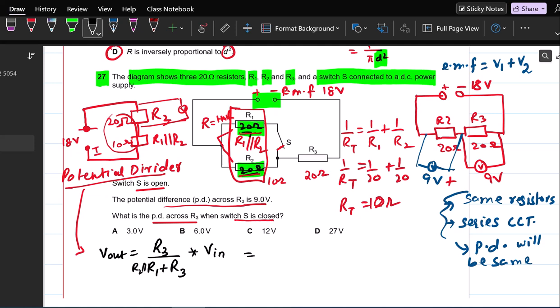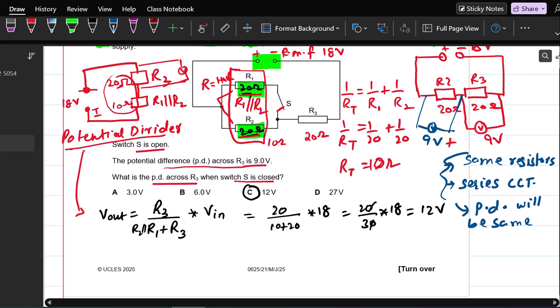So this comes out 20 divided by 10 plus 20 multiplied by 18. So 20 divided by 30 multiplied by 18. If you simplify this, it comes out 12 volt. So C is the option. This is very simple one, but the question is little tricky, but this is the simplest method.